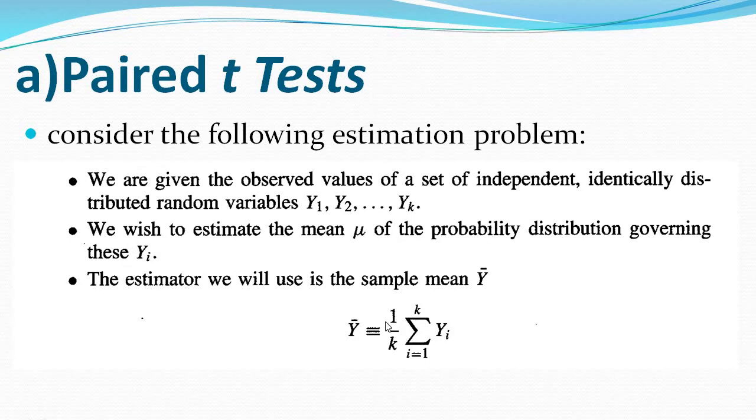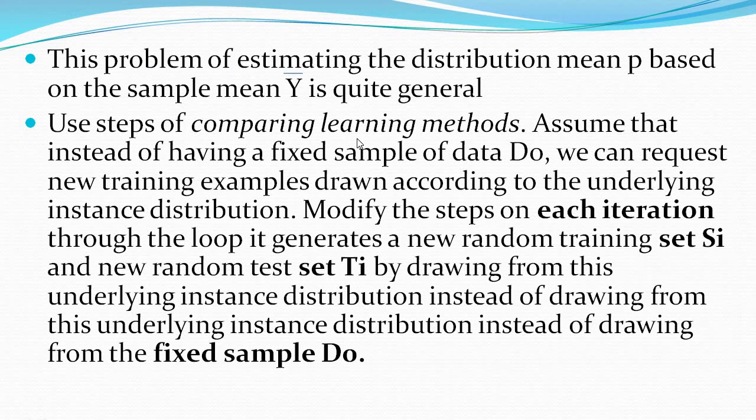The estimator we get is y bar, the summation of all these values, which is the mean. So the problem is estimating the distribution mean mu based on the sample mean y bar, and we need to find the distribution of this, represented with the smallest p.